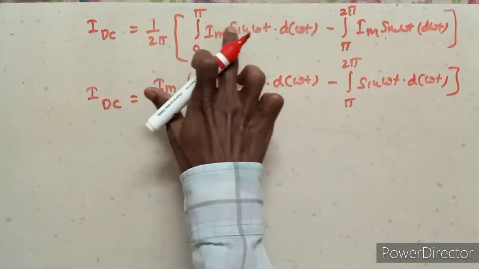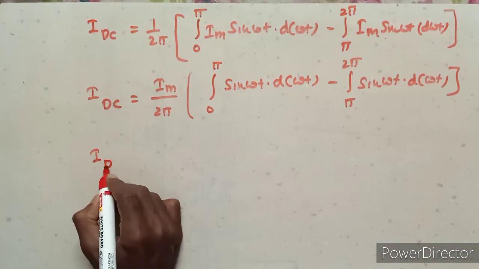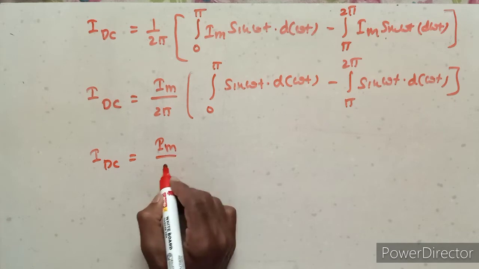So here Im is common. So I dc equals Im upon 2 pi.